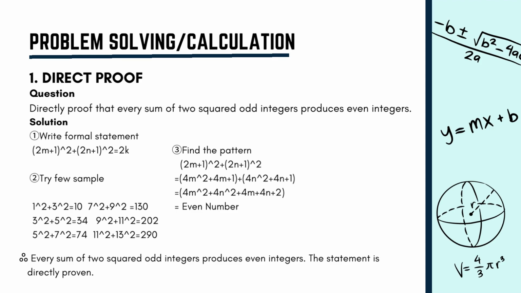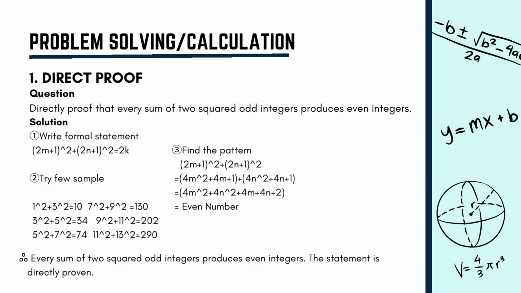Second step, we try a few samples. 1 square plus 3 square equals 10. 3 square plus 5 square equals 34. 5 square plus 7 square equals 74. Next, 7 square plus 9 square equals 130. 9 square plus 11 square equals 202. 11 square plus 13 square equals 290. The last step is to find the pattern.